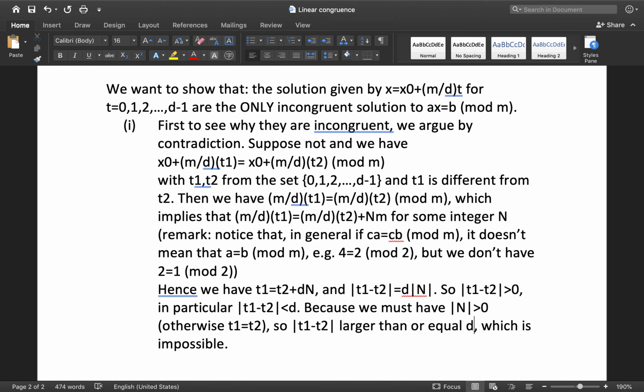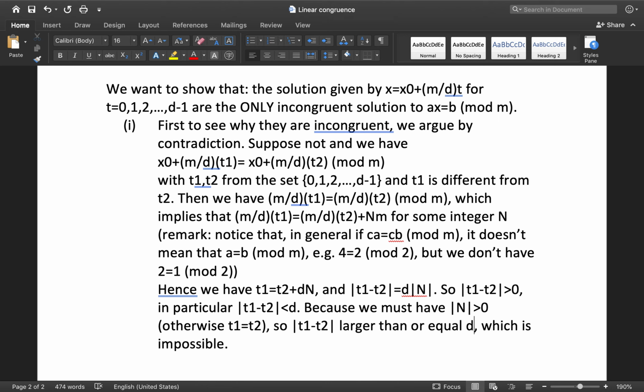Okay, which is impossible. You have something which is strictly less than d, which is this part, but on the other hand it is also larger than or equal to d, which is impossible. So that's why we got a contradiction. Why do we have a contradiction?